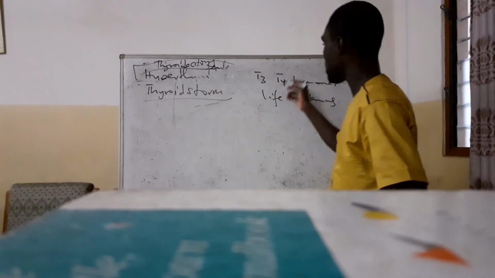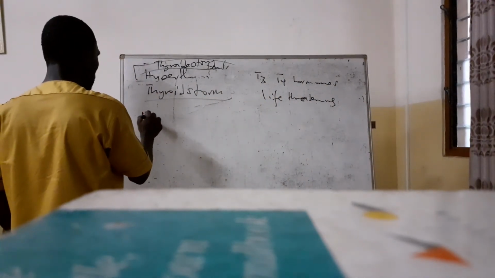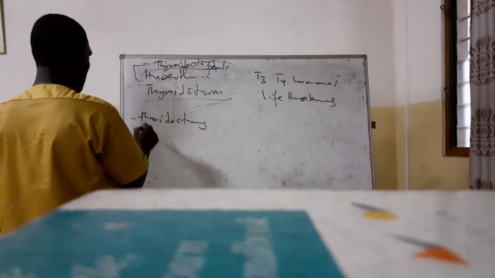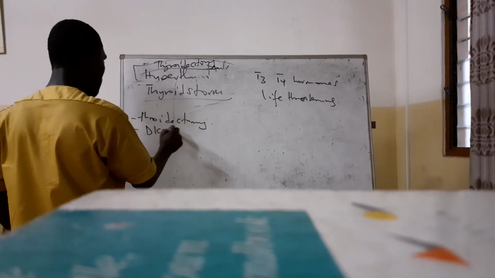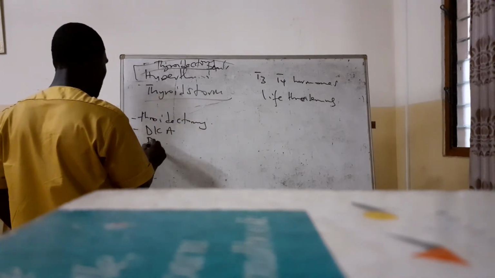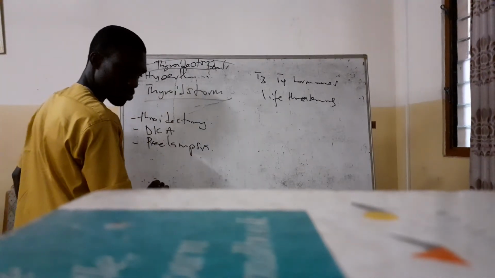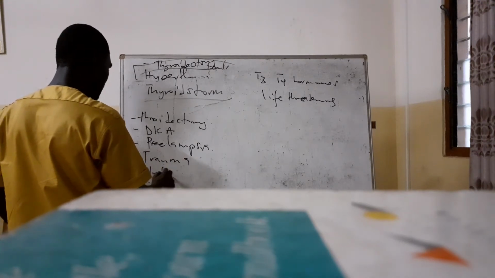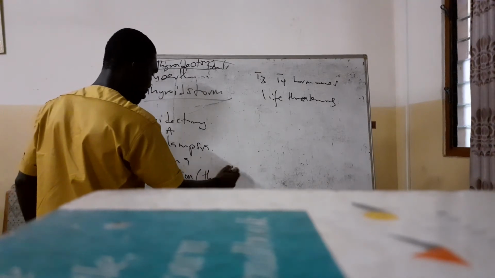Causes of thyroid storm include surgery. So it can follow thyroidectomy. Right. Other causes include diabetic ketoacidosis, preeclampsia, trauma to the thyroid gland, infection such as thyroiditis, right?